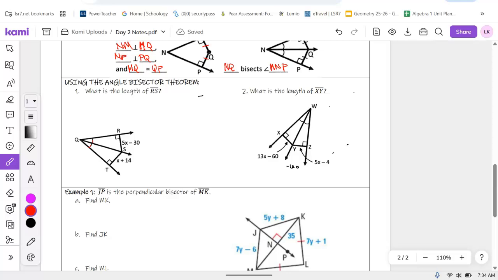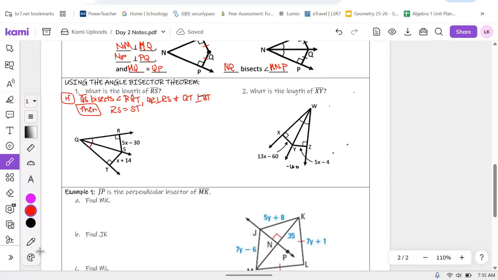So here we go. It would be saying that if QS bisects angle RQT, QR is perpendicular to RS, and QT is perpendicular to ST, then we would know that RS equals ST. And that's what it's showing us.